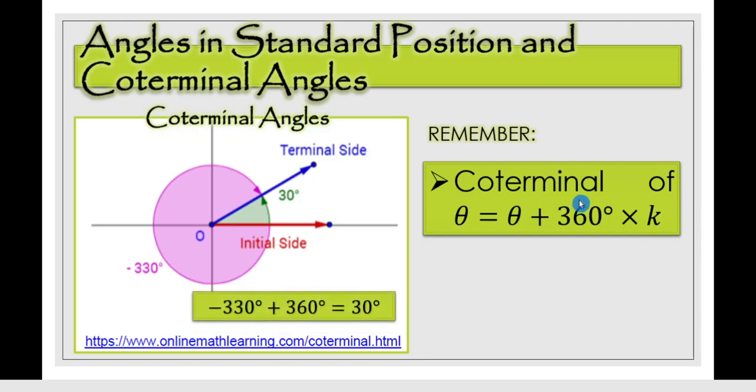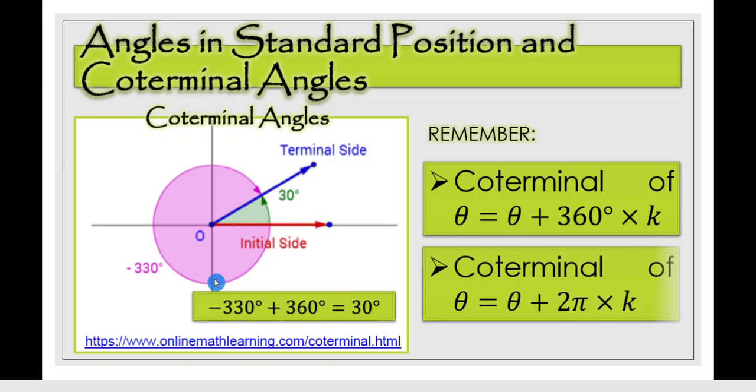So, halimbawa, hanapin natin yung coterminal ni negative 330 degrees. Hindi natin alam na 30 degrees. Halimbawa, hanapin natin siya. By using this, yung given angle, negative 330 degrees, plus 360, isang ikot lang naman yung ginawa, that would be 30 degrees. Kaya meron tayong 30 degrees as coterminal ni negative 330 degrees.